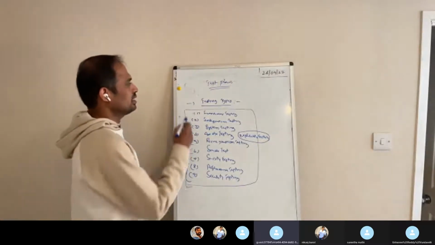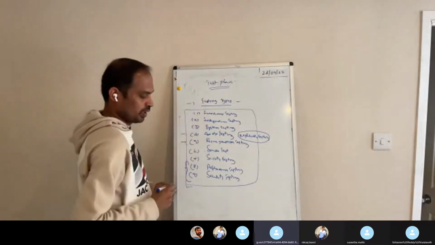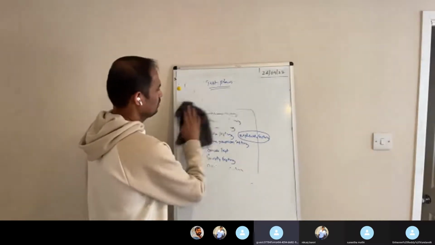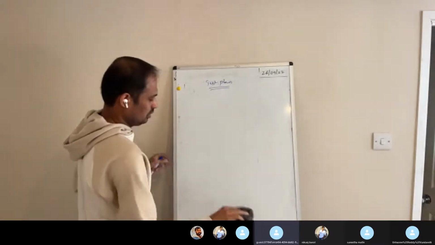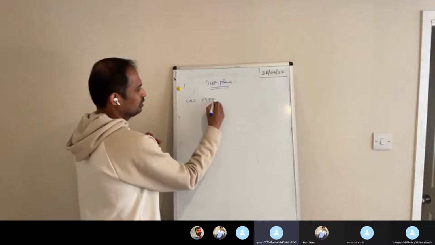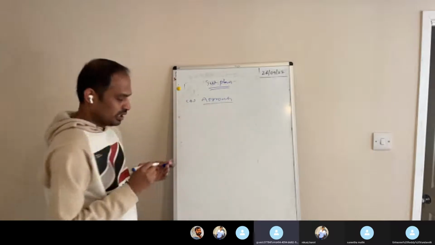First one is objective, second one is scope, third one is testing types. Next, the fourth one, approach. What is meant by approach?